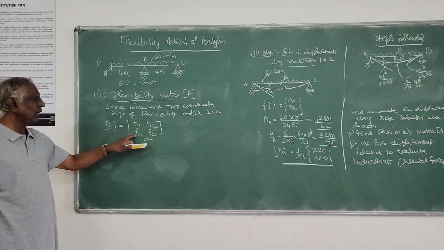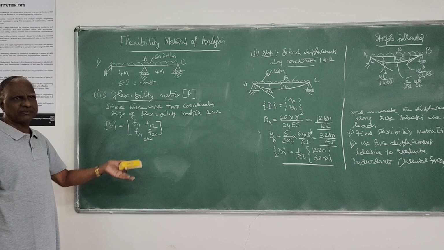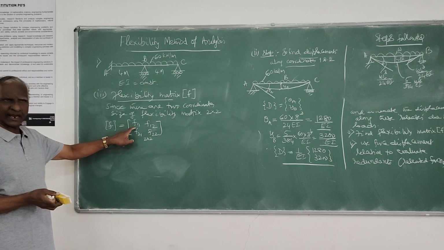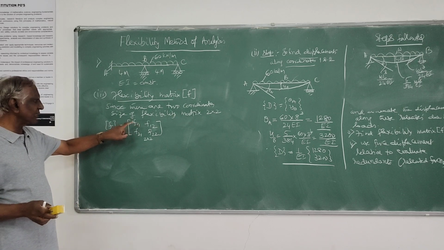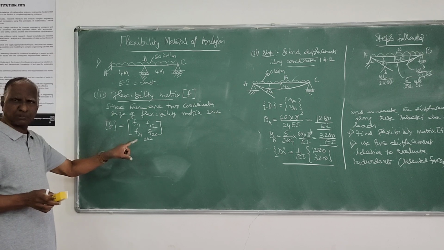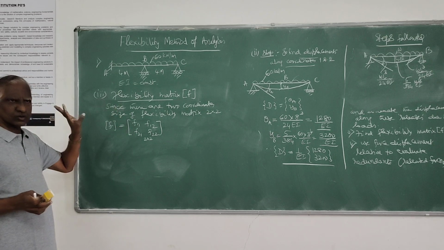Now I have to determine all these coefficients, the flexibility influence coefficients. This I have already defined: Fij is the displacement developed on account of unit force applied along those coordinates.